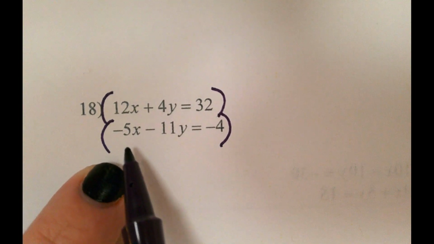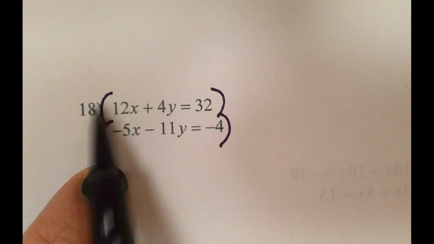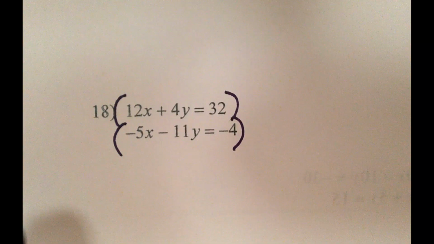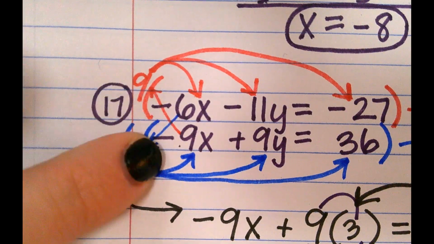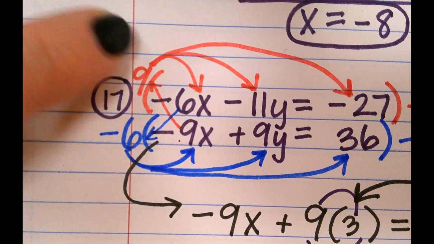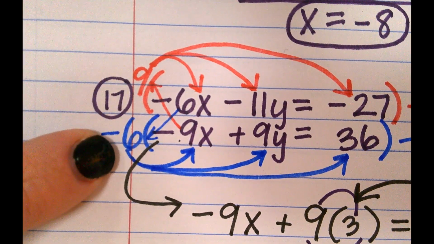Our goal is we want to get a positive number for x and a negative number for x. That's the same number, different signs. With the last two problems, we had the same signs, so we had to multiply by different signs. So I multiplied by a positive, I multiplied by a negative.